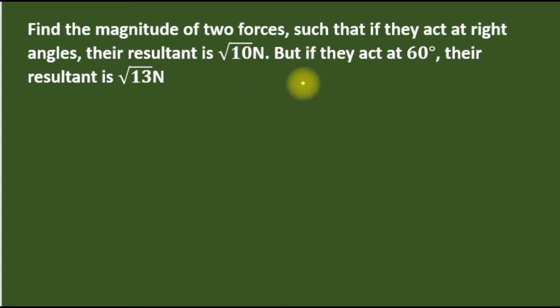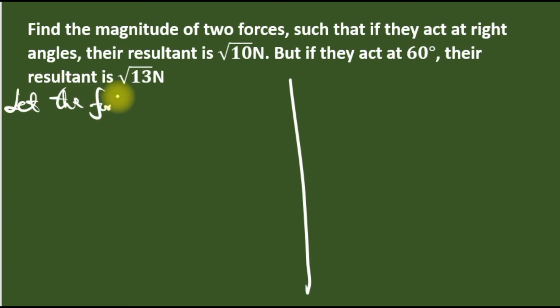So the way I will solve this, let the forces be F1 and F2. They say if they act at an angle of 90 degrees, remember, if it's angle 90, the resultant is just root 10.